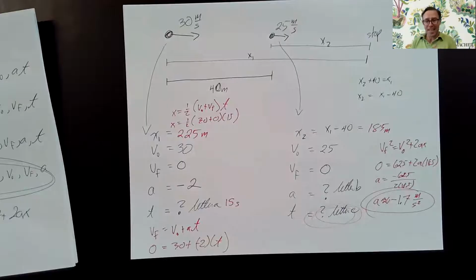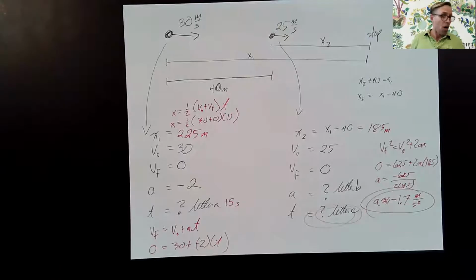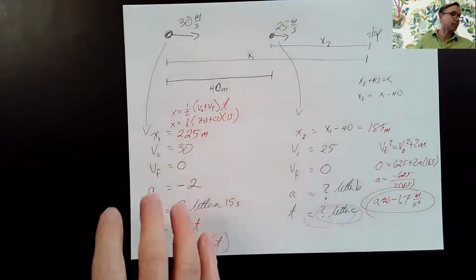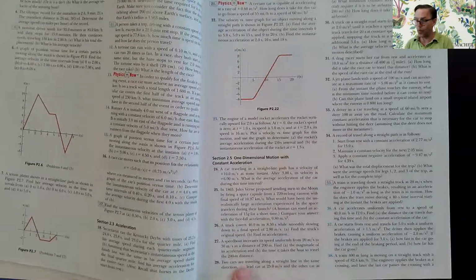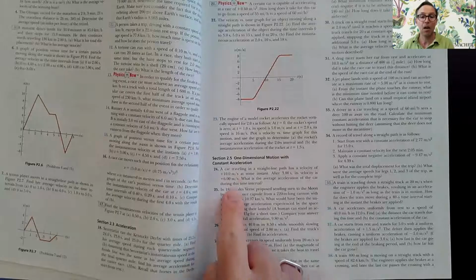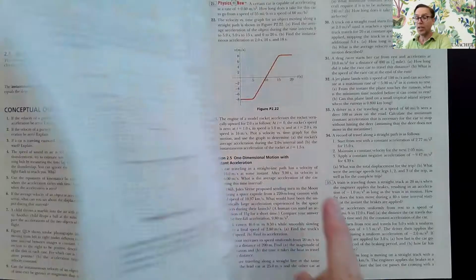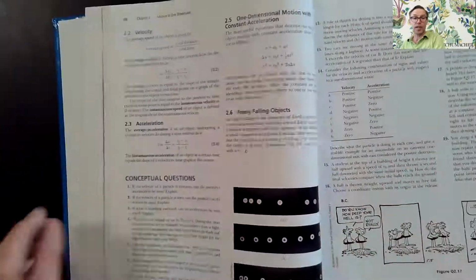So that was my example problem for you. What if you did not know how to do this? Well, this was problem 28. The book tells me it's from section 2.5. So I could go to the chapter summary.